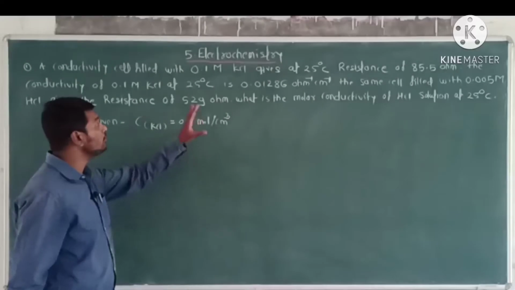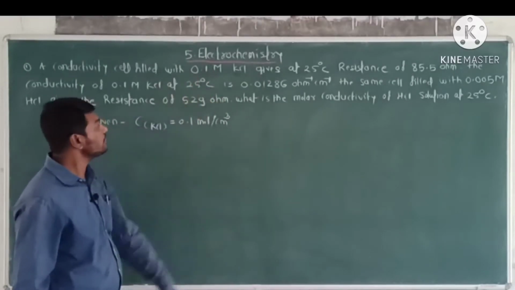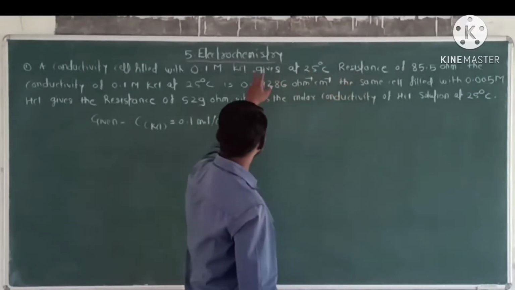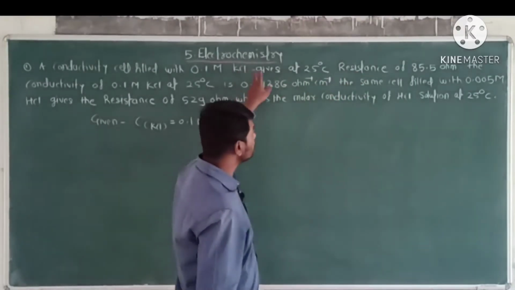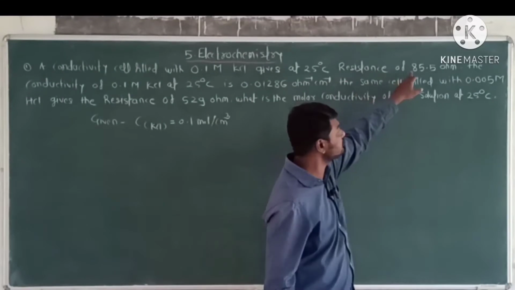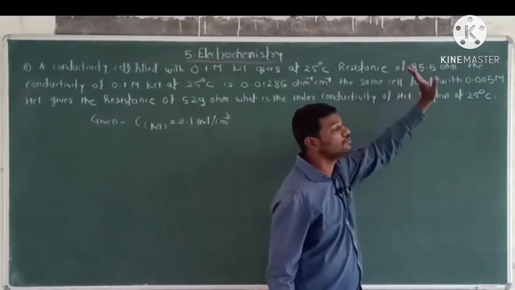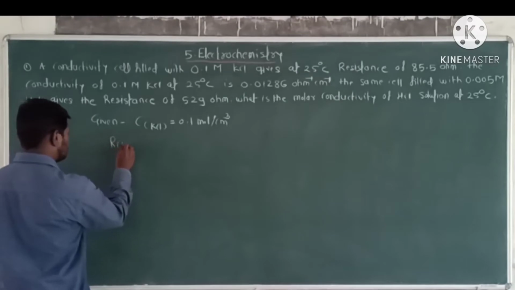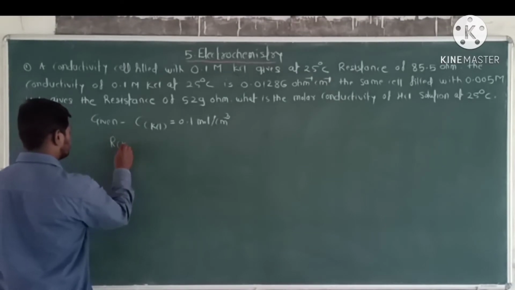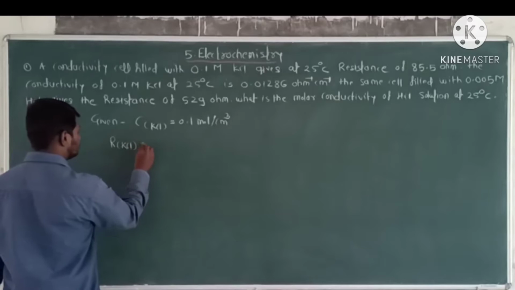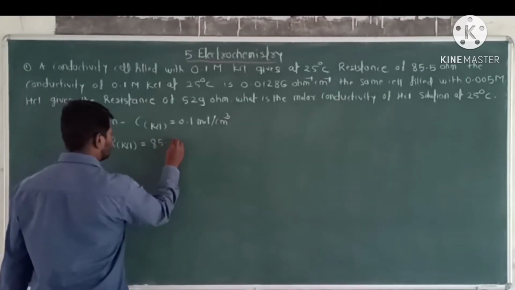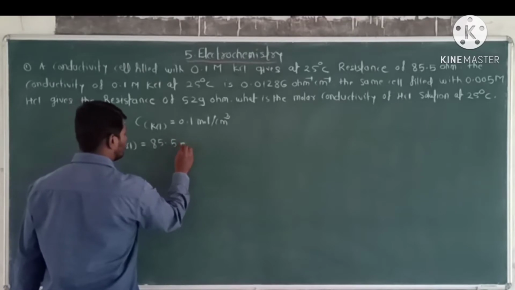This is the unit of molarity. Now, this KCl solution gives a resistance of 85.5 ohm, that is, the resistance of the KCl solution is 85.5 ohm.